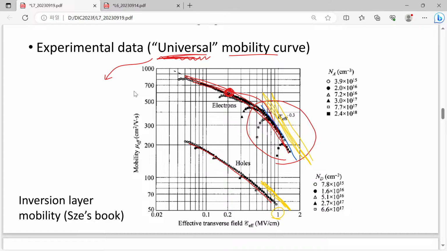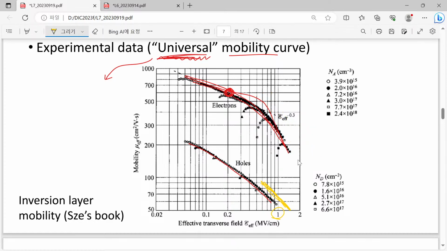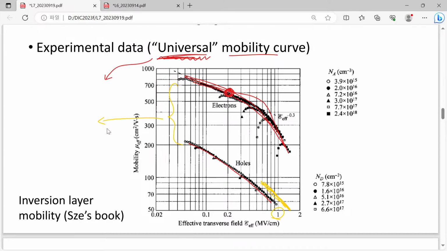Another thing we can say is that electrons and holes have quite a large difference in their mobility values. Usually electrons have much higher values. How many times? This is about 200 and this is about 800.